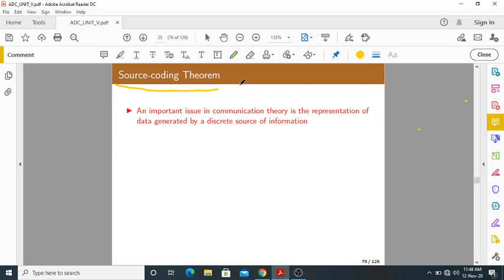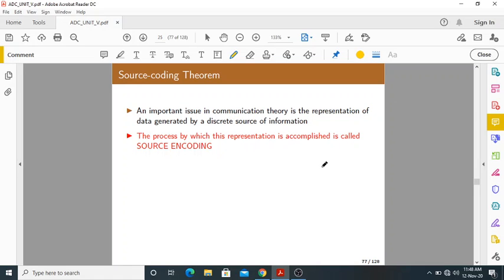This is very much important. You might have seen it already. There is something called source encoding. It is simple encoding only, but with some specific cases.